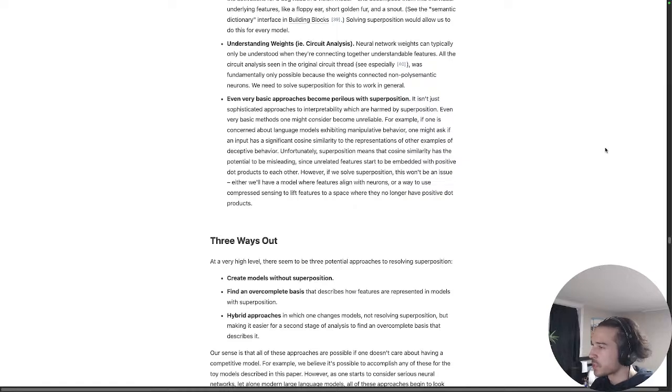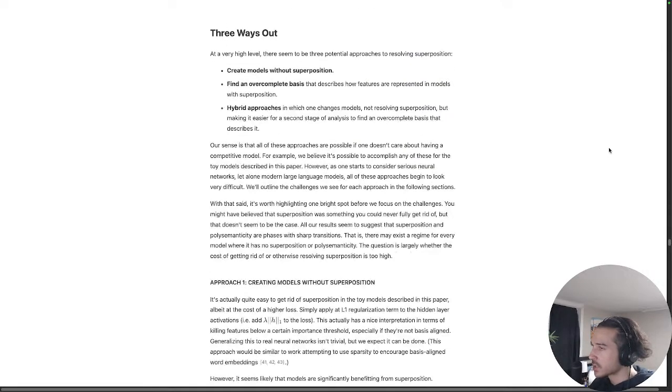Unfortunately, superposition means that cosine similarity has the potential to be misleading, since unrelated features start to be embedded with positive dot products to each other. However, if we solve superposition, this won't be an issue. Either we'll have a model where features align with neurons, or a way to use compressed sensing to lift features to a space where they no longer have positive dot products.